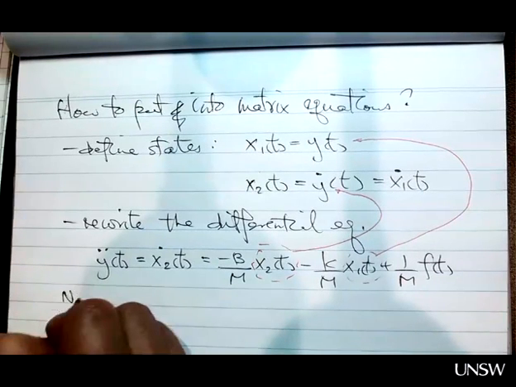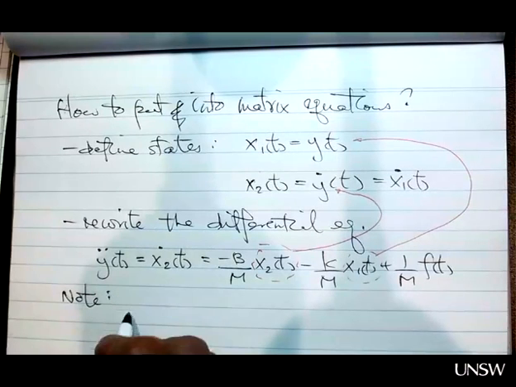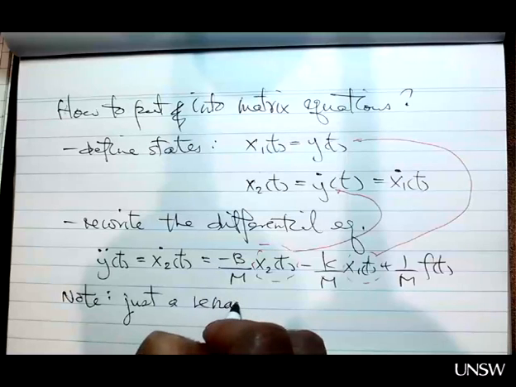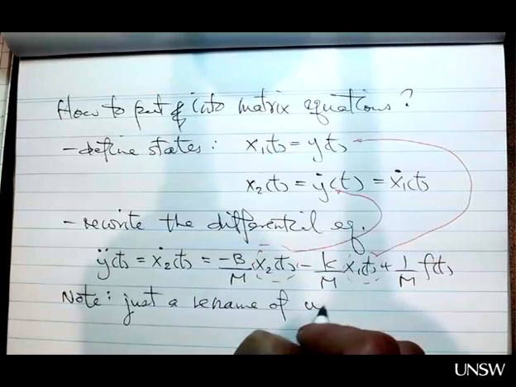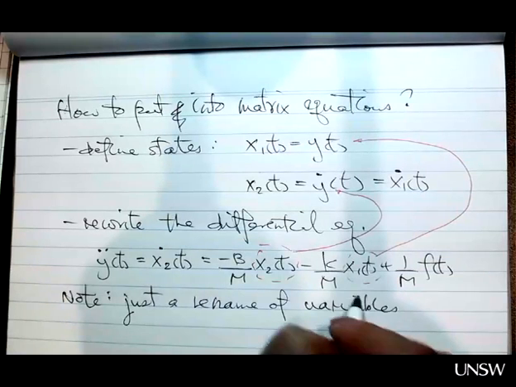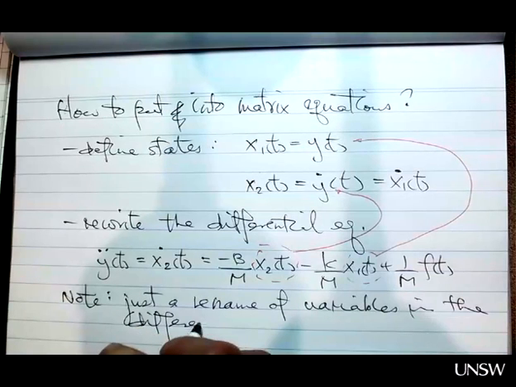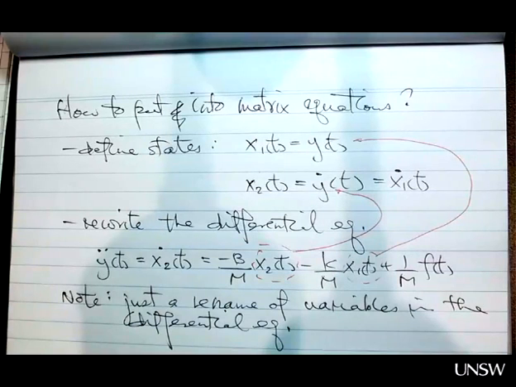So we note that it is just a rename of variables in the differential equation. We just rename the variables. In fact, they are the same thing. Okay, any questions on this?